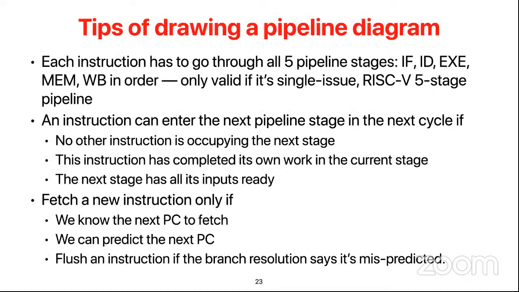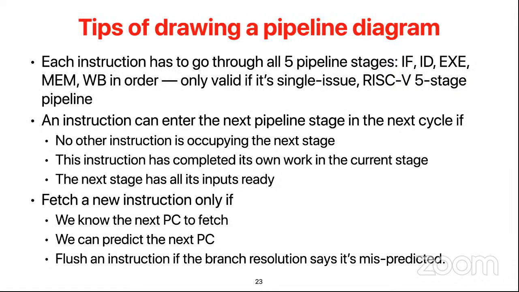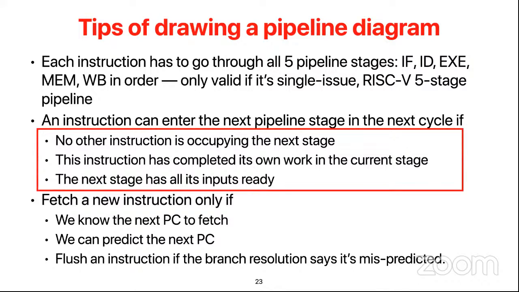So how do we achieve out of order execution? Let's go back to the tips of drawing a pipeline diagram. When we draw a pipeline diagram, whether an instruction can make further progress depends on three policies.